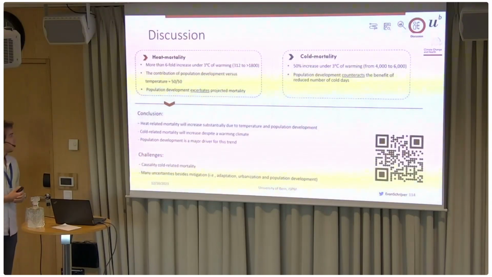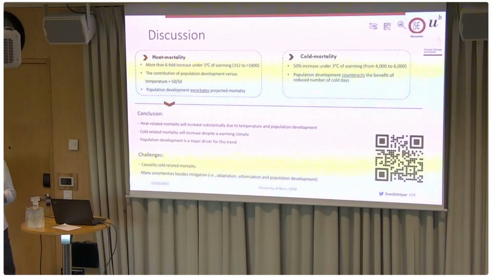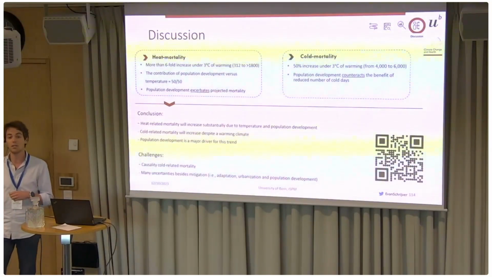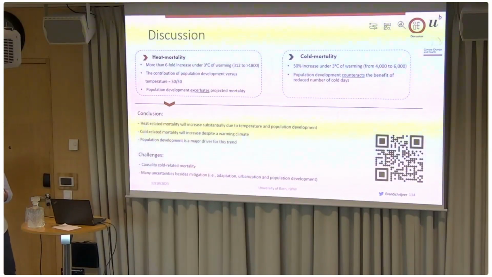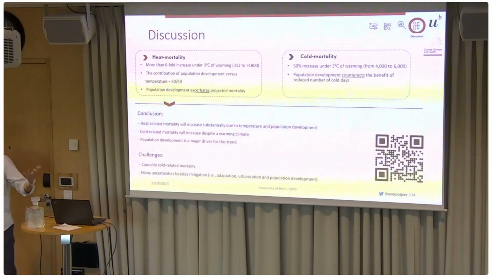So very briefly, heat-related mortality is very likely to increase sixfold under the 3 degrees of warming in Switzerland. The contribution of this increase can, for 50%, be attributed to climate change, and the other 50% is most likely to be driven by population aging and development. And this basically means that population development exacerbates the heat-related mortality in the future.